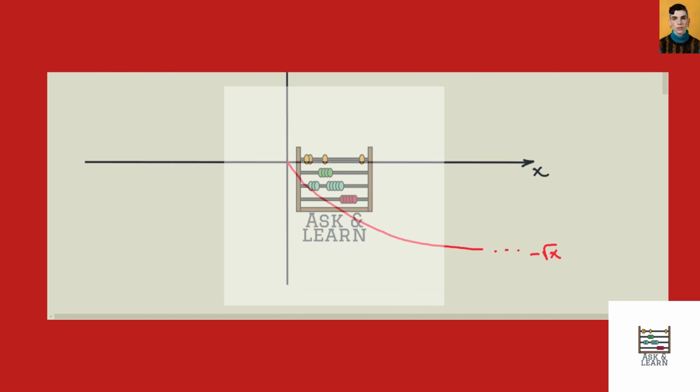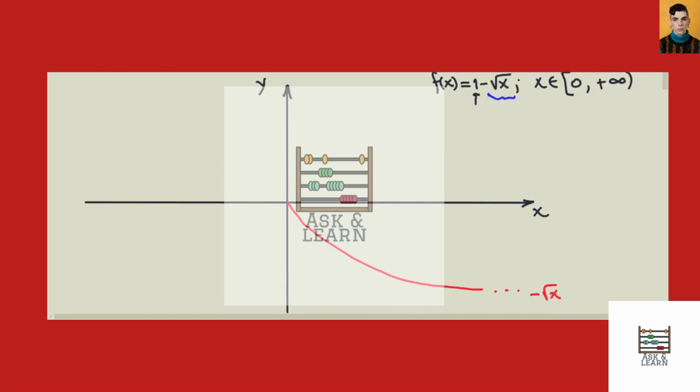To get f, we add 1, and we have to displace the function completely 1 unit upward, because all the images of this function get increased by 1. So we have now this function, more or less, and we can get rid of the previous graph. We have already our function here.